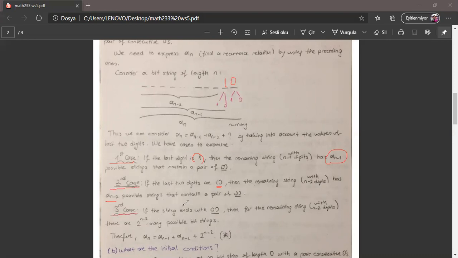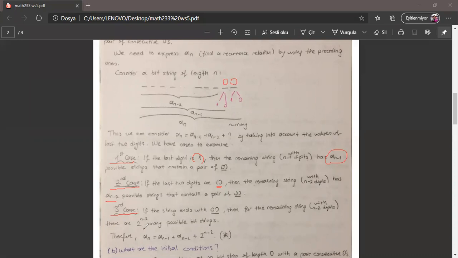Now what about the third case? Now we assume that it ends with 2 zeros. Then for the remaining string, we don't need to have a pair of consecutive zeros as we have one here. So we just count the number of possible strings.